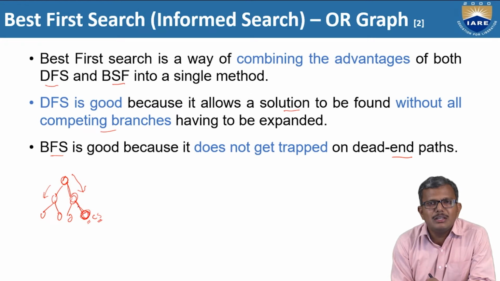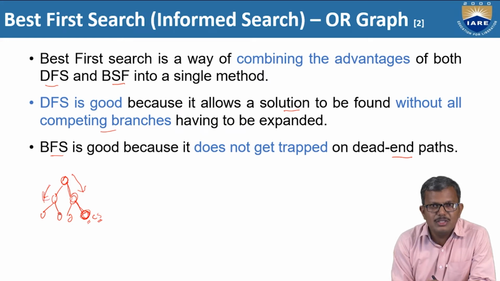If you are implementing the depth first search, you cannot do these kinds of things. With the best first search, it is going to search both the branches present in the tree simultaneously. So whenever a dead end comes into the picture, if you implement the best first search, you can search the other branch of the tree also.